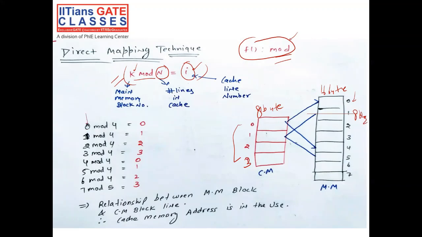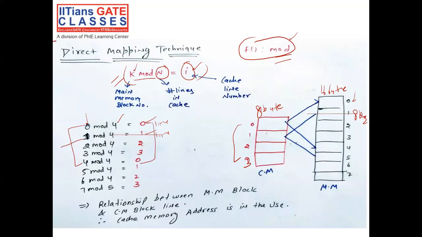Block number 0 of main memory, with 4 lines in the cache, points to line 0. Similarly, 1 mod 4 points to line 1. Similarly 2, 3, and so on. Now you can see, block 0 and block 4 both point to line 0 at the same time.